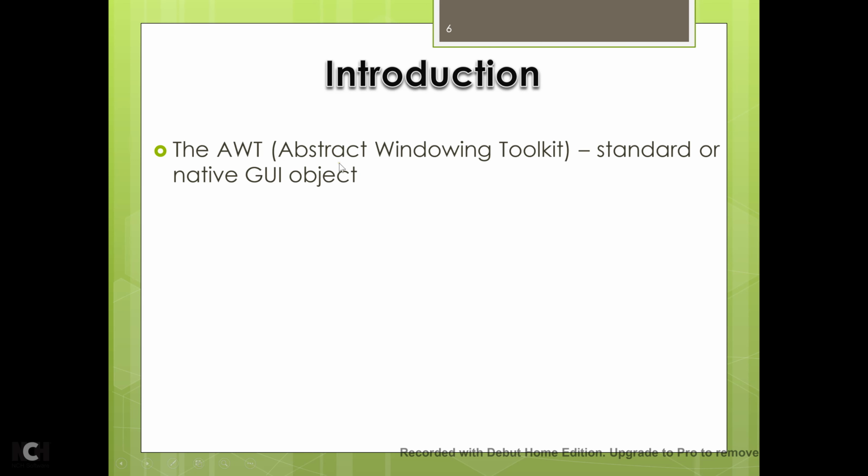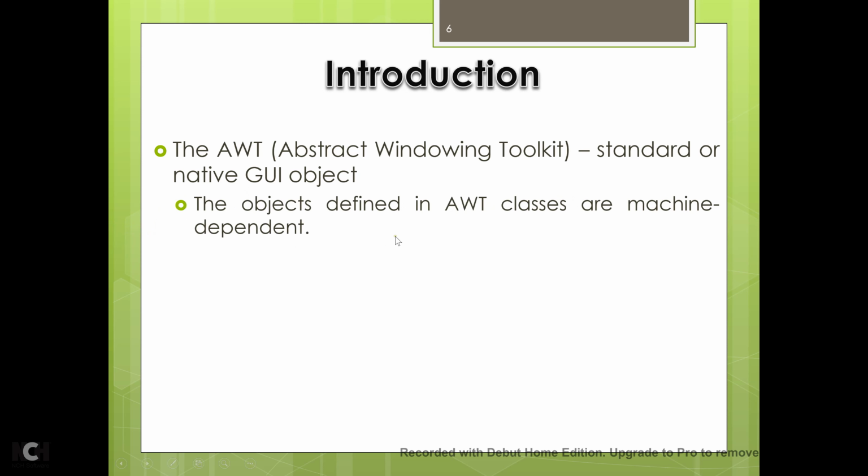The AWT, Abstract Windowing Toolkit, is a standard or native GUI object. The objects defined in AWT classes are machine dependent. So remember, Swing is machine independent, but AWT is machine dependent. So it is a kind of heavyweight process.